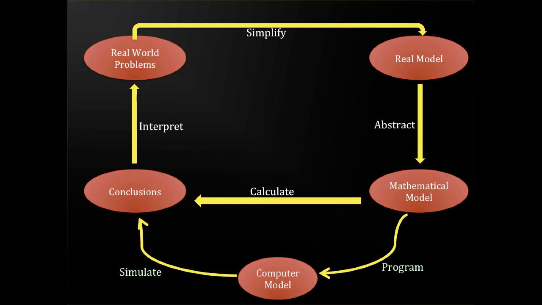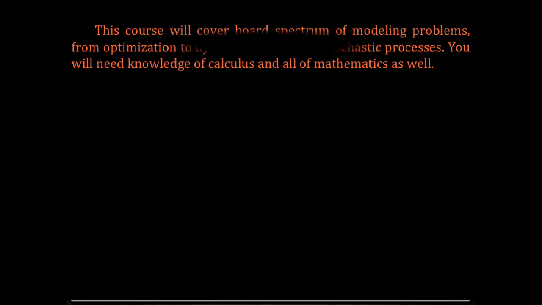Now let me explain a little bit about our course. This course will cover a spectrum of modeling problems, from optimization to dynamical systems to stochastic processes. You will need knowledge of calculus and other mathematics as well. As an example, for the first few chapters, we are going to talk about maximization and minimization. So you should know how to use calculus to solve maximization and minimization problems.